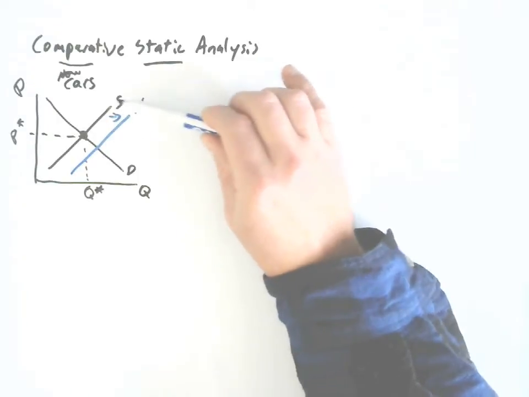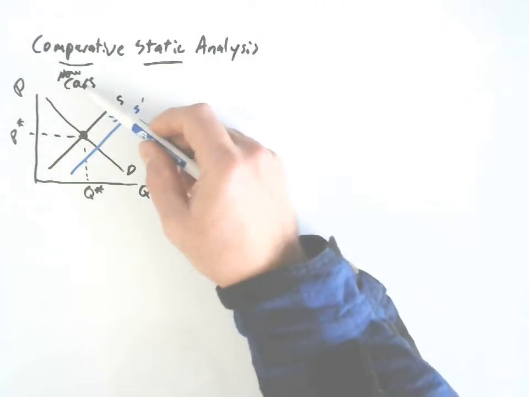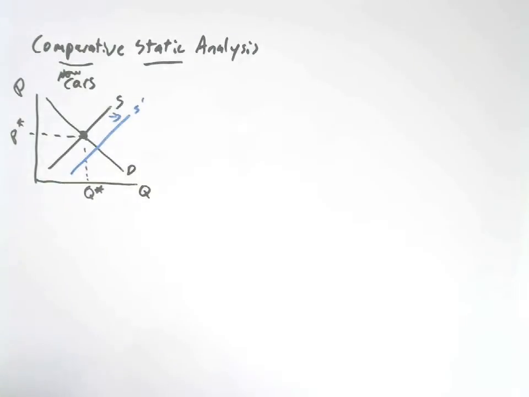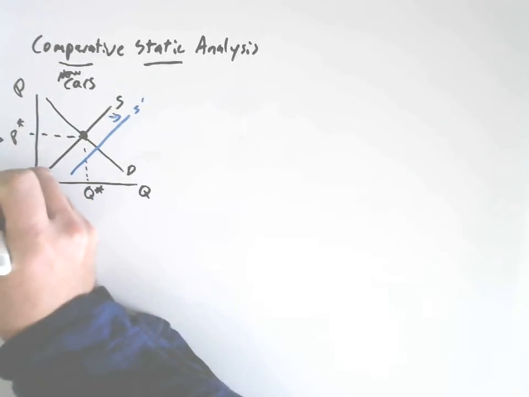So how do we analyze this shock to the market, a fall in the price of steel, an input to new car manufacturing? Well, let's assume that the price of a typical new car is, say, $26,000. Okay.